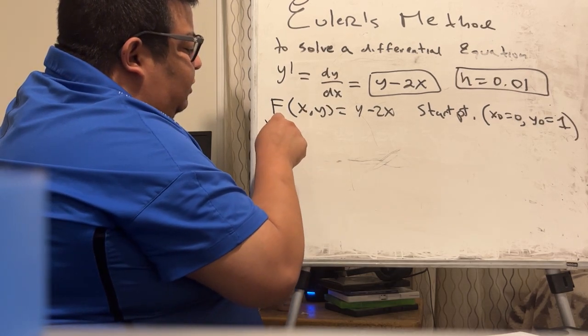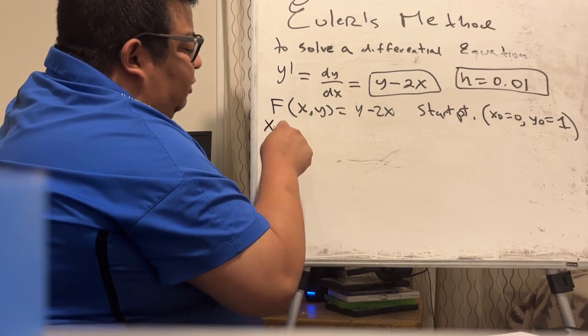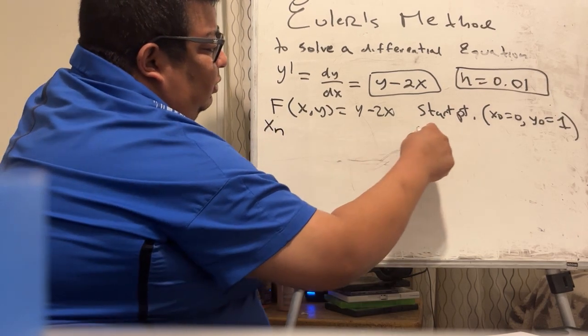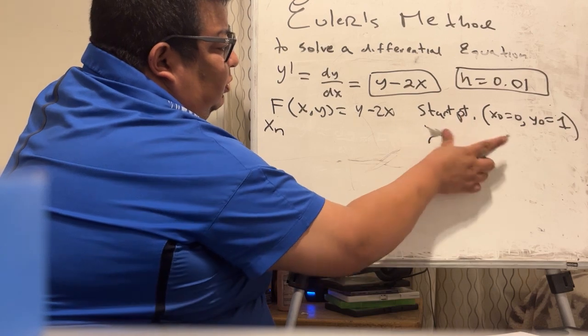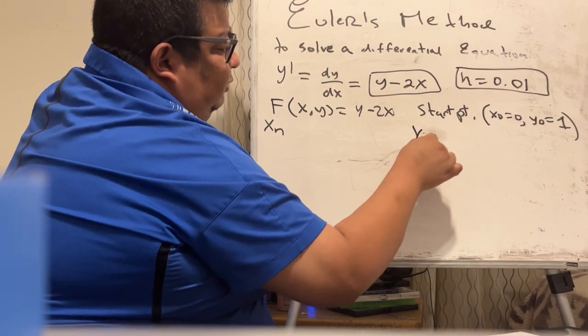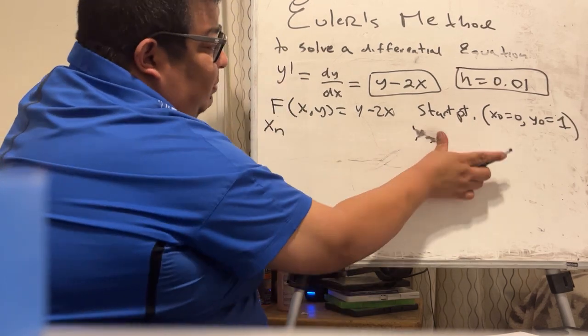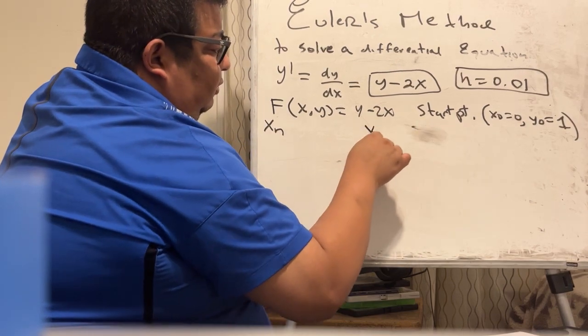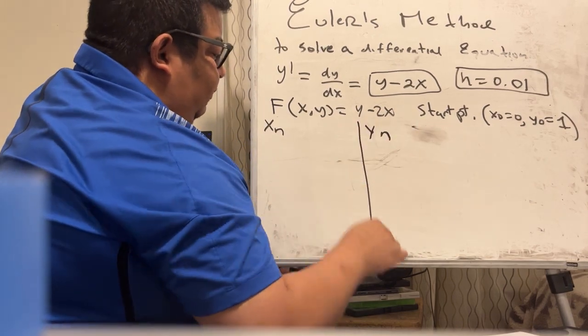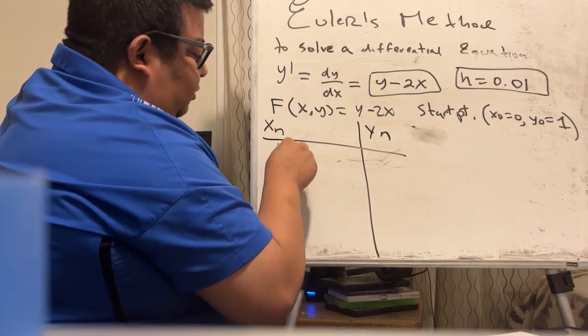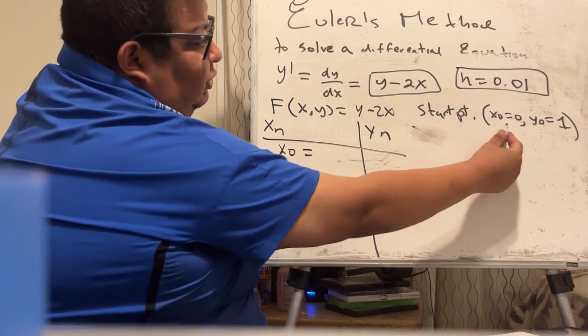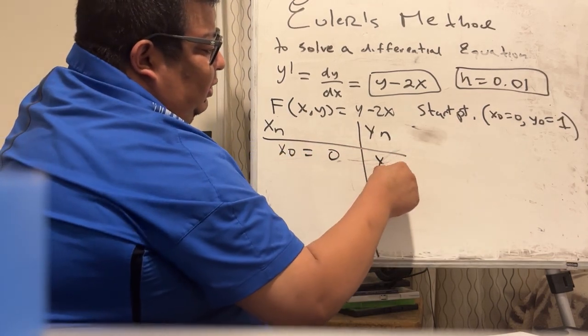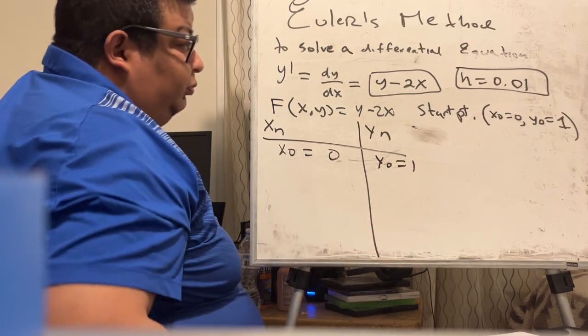Your x's are going to be here, your xn, and then your yn. Your x naught is of course the start point 0, and your y naught is going to be 1.